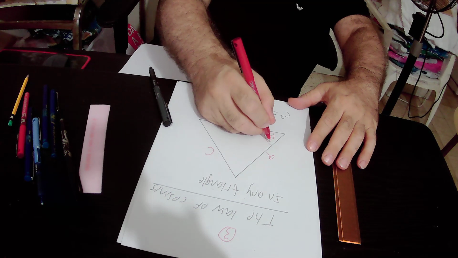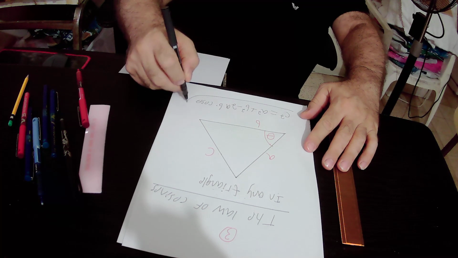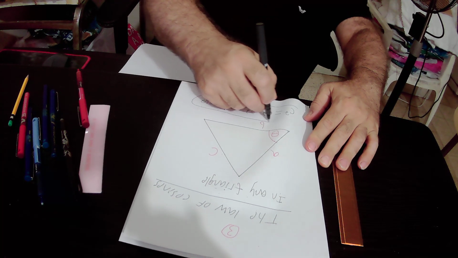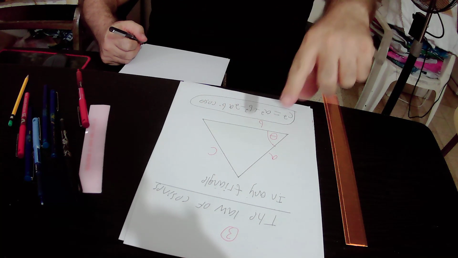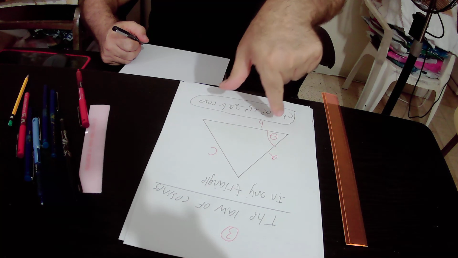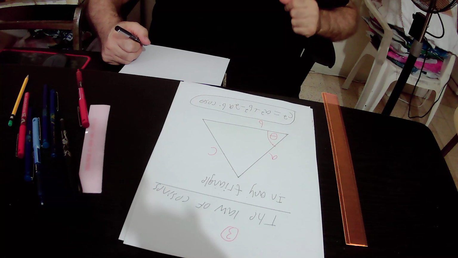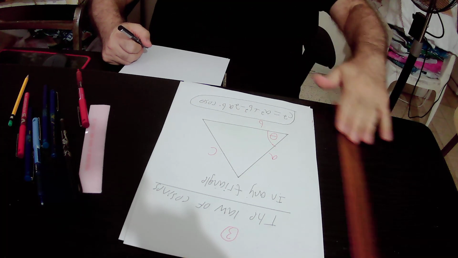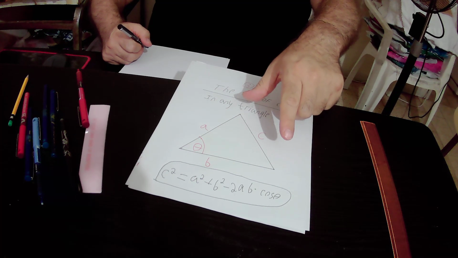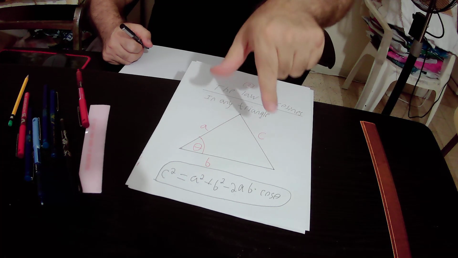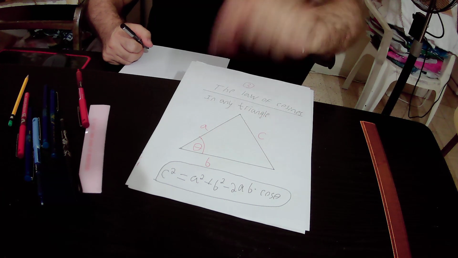Okay, so in any triangle, C squared equals A squared plus B squared minus 2 times A times B times cosine theta. Again, C squared equals A squared plus B squared minus 2 times A times B times cosine theta.